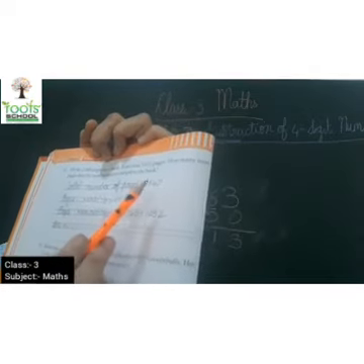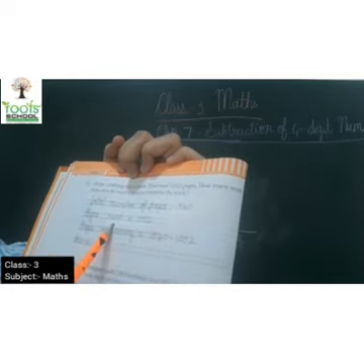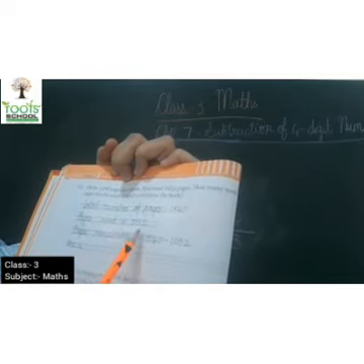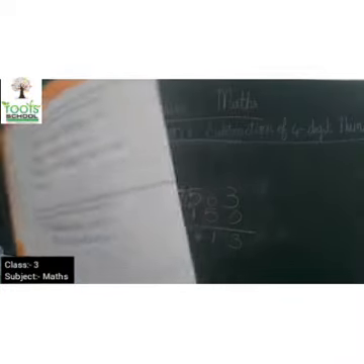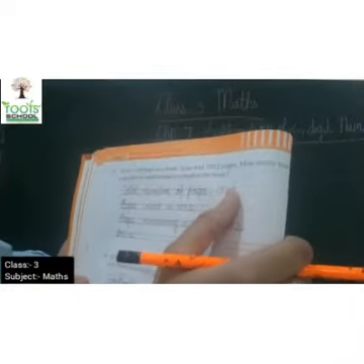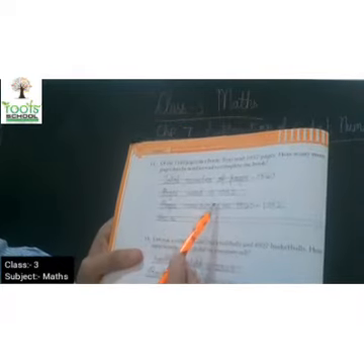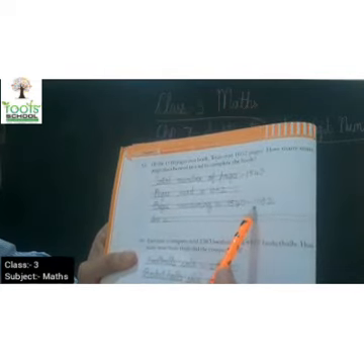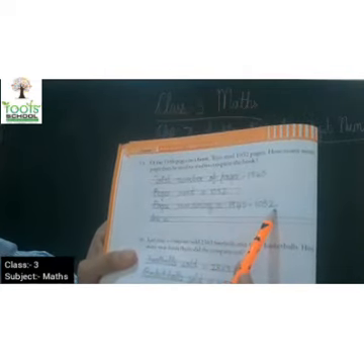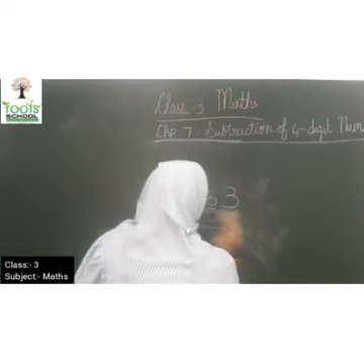Total number of pages is 1,540. Pages read is equal to 1,052. So kids, when we subtract the pages read from the total pages, we will get the remaining pages. Pages remaining is equal to 1540 minus 1052. So come on kids, let's subtract.